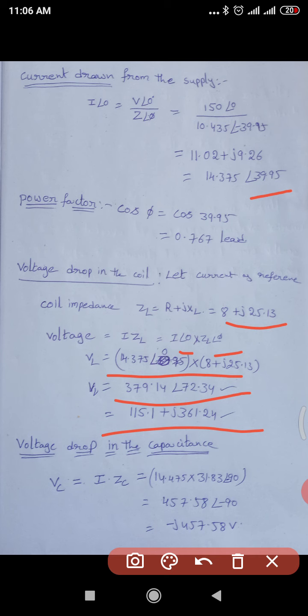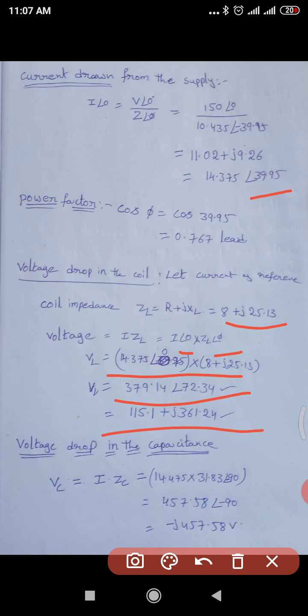Next, voltage drop in the capacitance. How can we find out this voltage drop in the capacitance? We need the impedance of the capacitor and the current flowing through the capacitor. Already we calculated the current I. This current is flowing through all the elements, because all are connected in series.